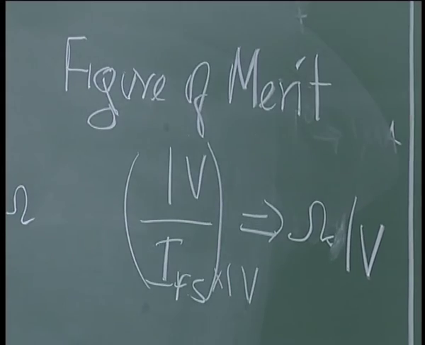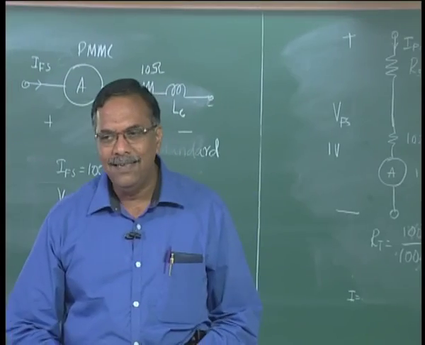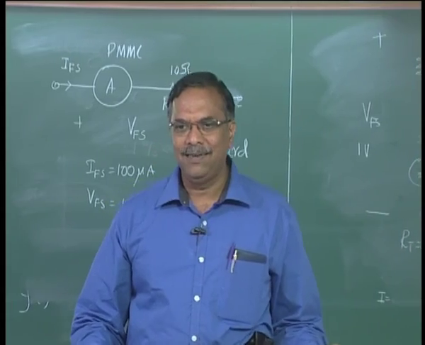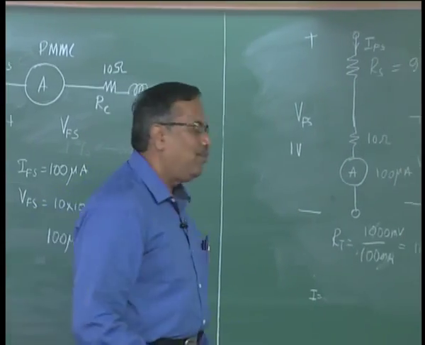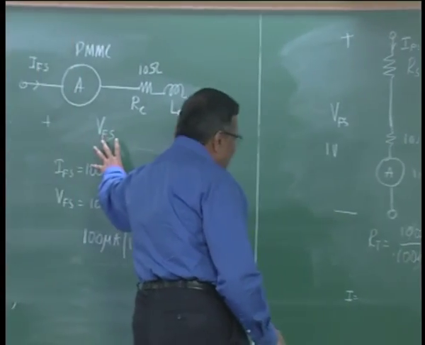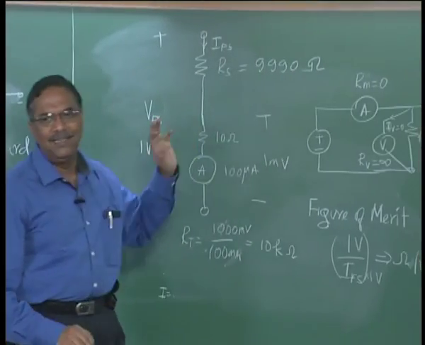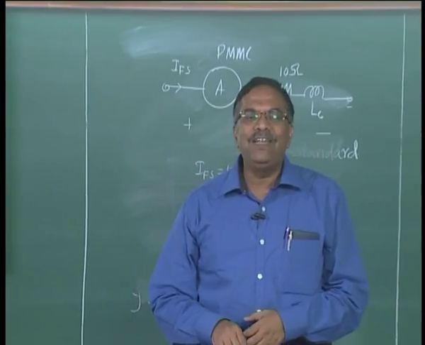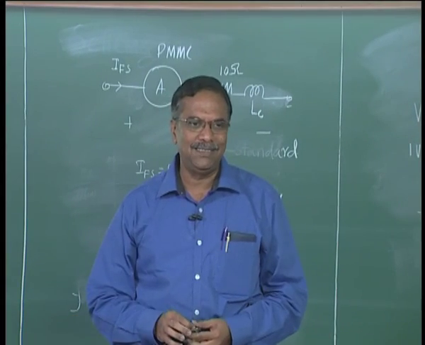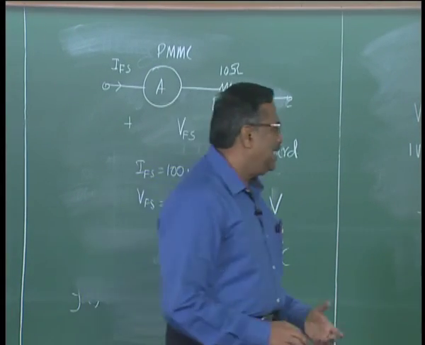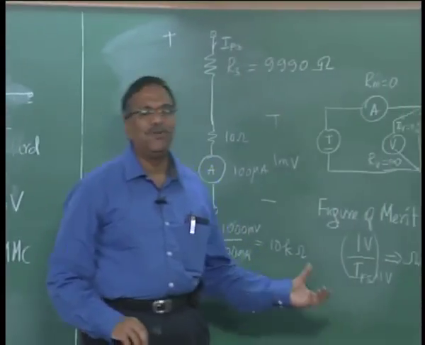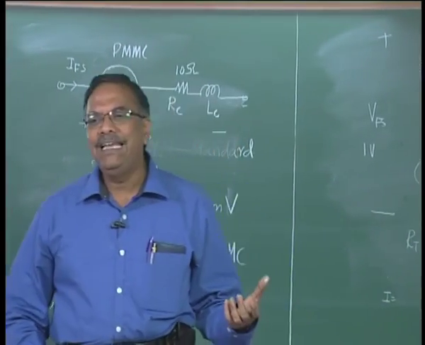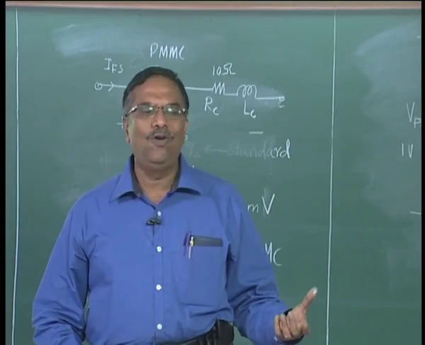So, figure of merit of a meter is given in terms of ohms per volt, right, always given in terms of ohms per volt, whether I am using it as an ammeter or as a voltmeter. It becomes more and more important when we talk about it in the context of voltmeters, right. So, the higher the ohms per volt the better. Most of the figure of merit that you would get in a meter would be kilo ohms per volt.